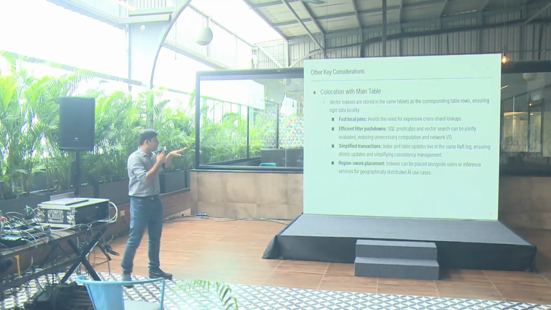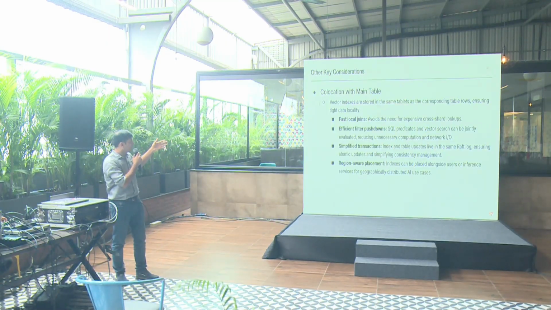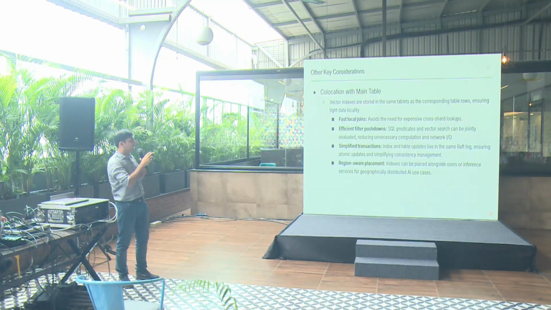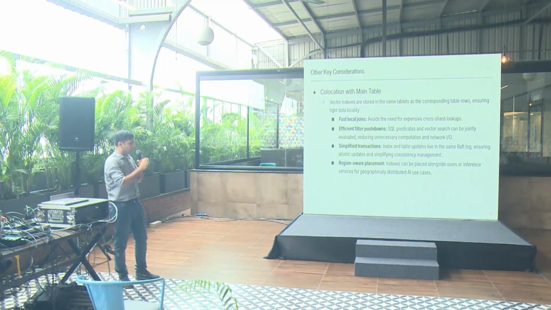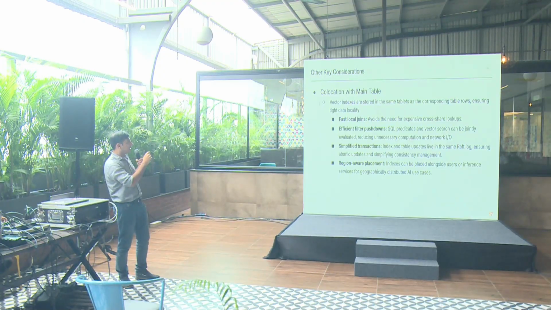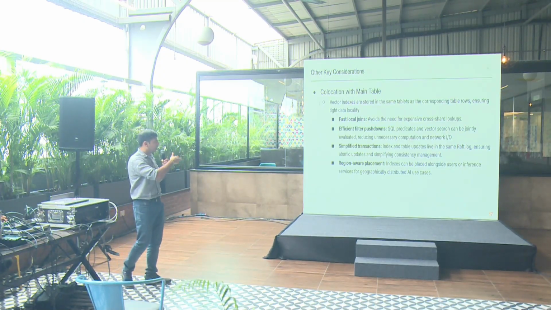What that helps us with are a few points. It's a fast local join. If you want to join your actual data with your index data, there's no need for a cross shard lookup.